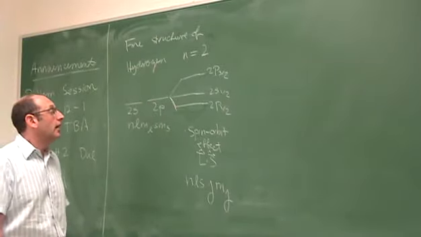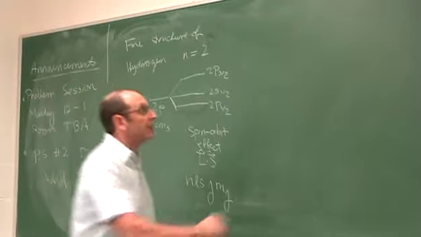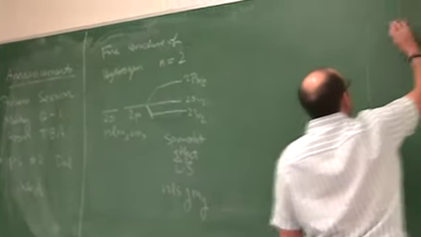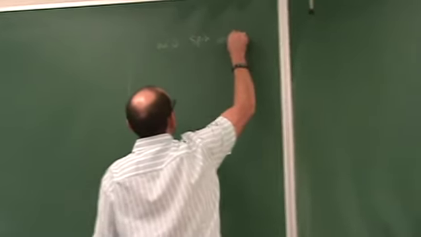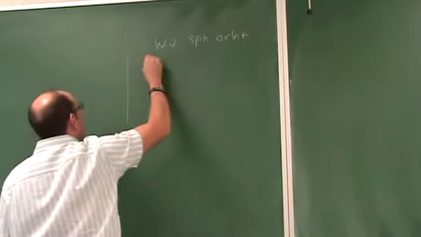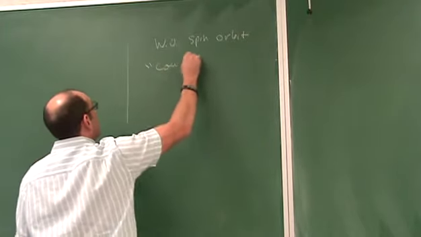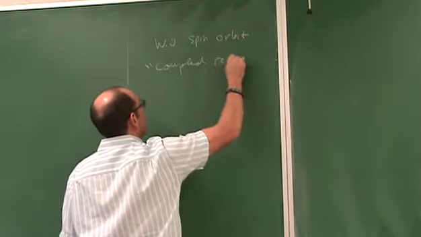So with the spin orbit effect, we have the coupled representation.